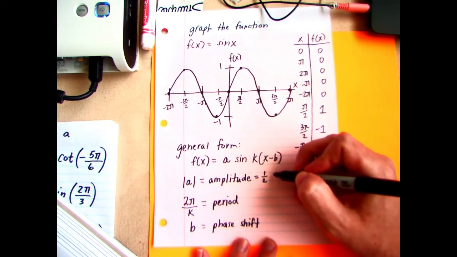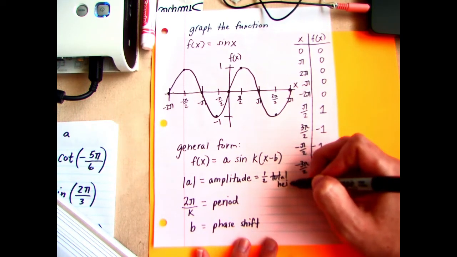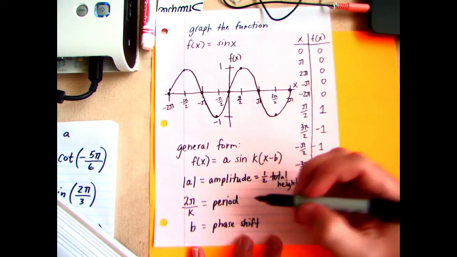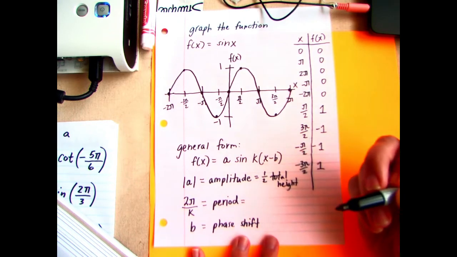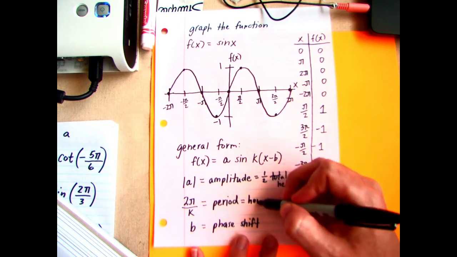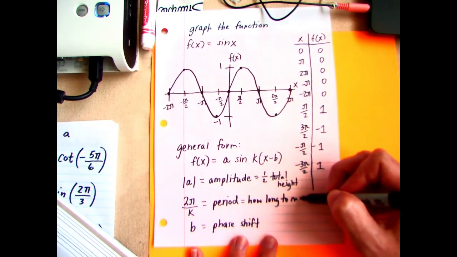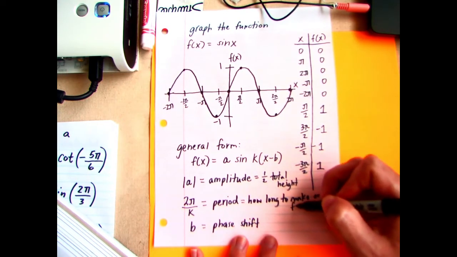So back to what a is. a is the amplitude, and the amplitude is half the total height of the curve. So if you think about the center to the top, that distance is the amplitude. The period is how long it takes to make one full wave of the curve.